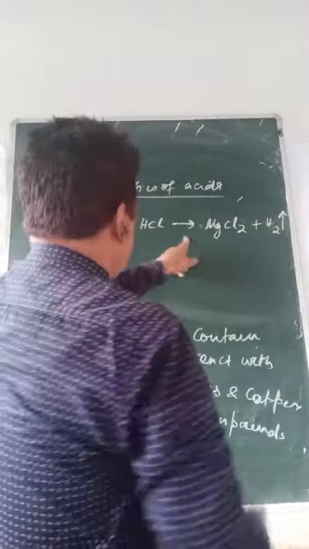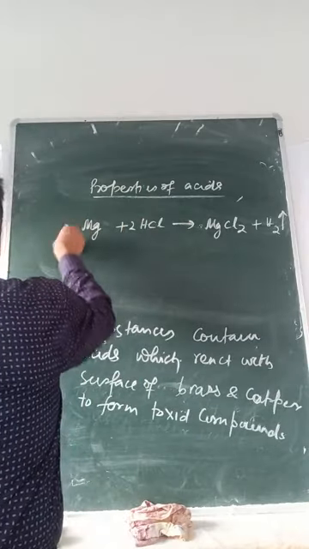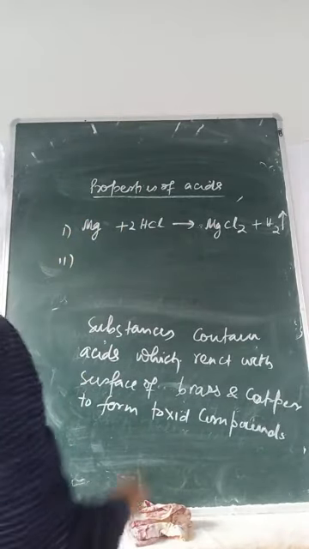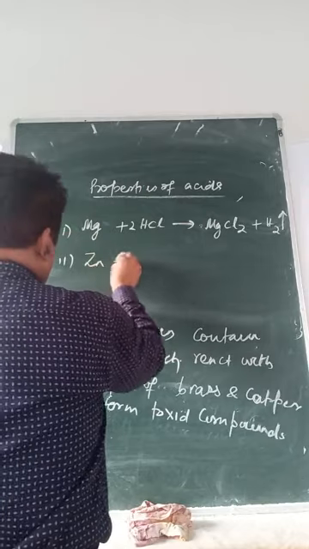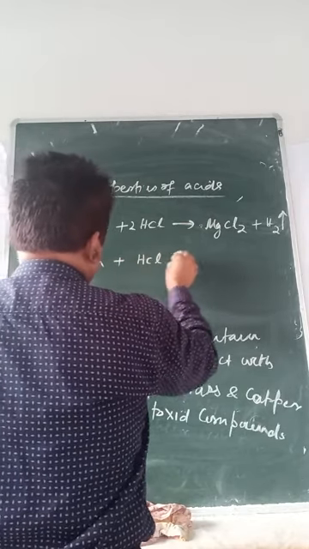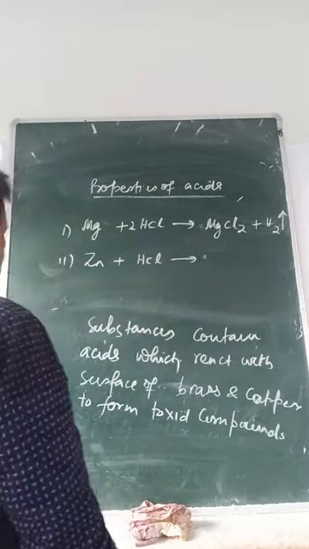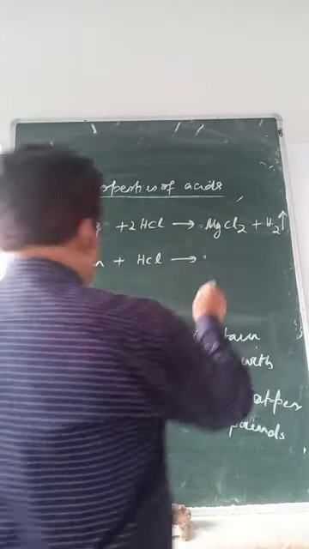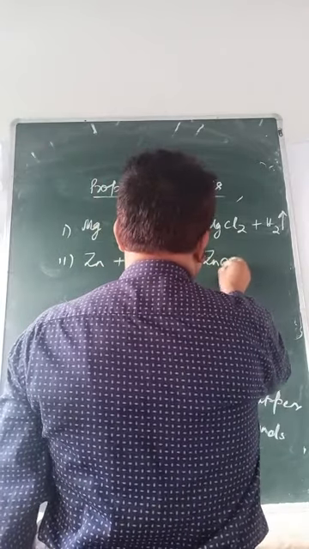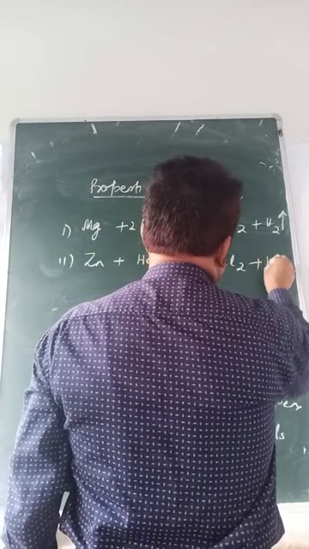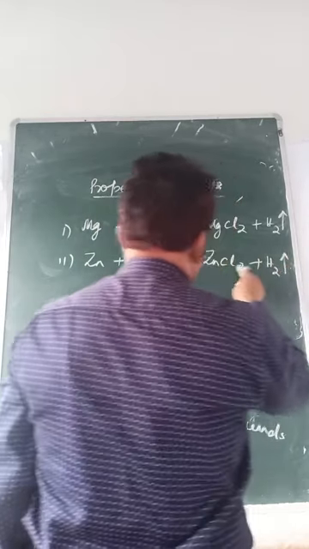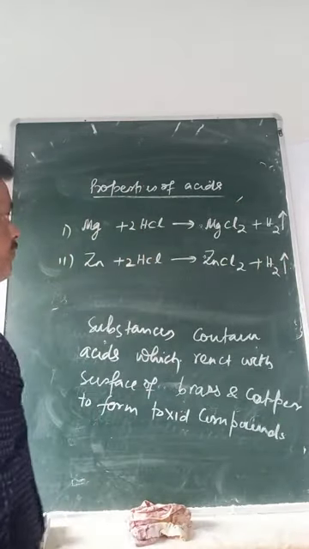So to balance it, you have to multiply by 2. Second, you find zinc with HCl. What does it give? Zinc chloride plus hydrogen gas. Balance it, multiply by 2.